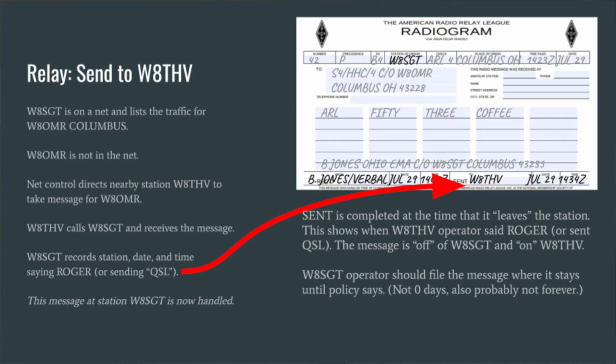W8SGT, when transmitting that message, will listen for the receiving station, W8THV, for that operator to say Roger, or if this is being done by code or radio telegraphy, to send the signal QSL. That means that the message has been handled.